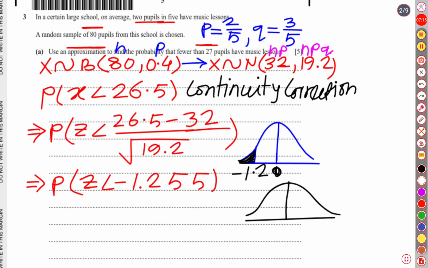Since the normal function graph is symmetrical, we can say that this tiny part of the second diagram must be equal to the tiny part lying on the left side of the mean value 0. So we require actually this tiny part where the z score is going to be 1.2.